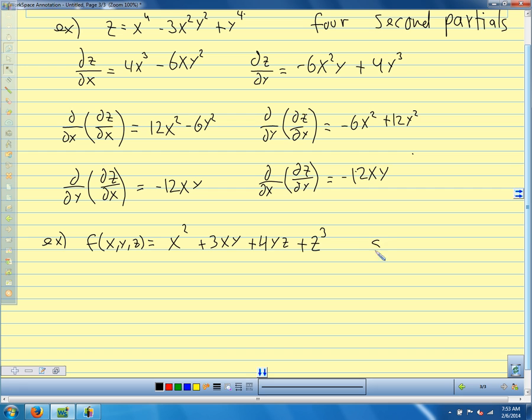And we want to show, this asks us to show that f sub xyy equals f sub yxy, and that equals f sub yyx. We want to show that all three of those are equal.